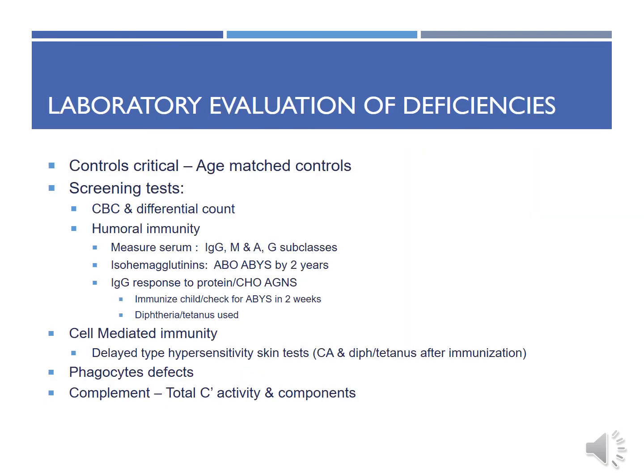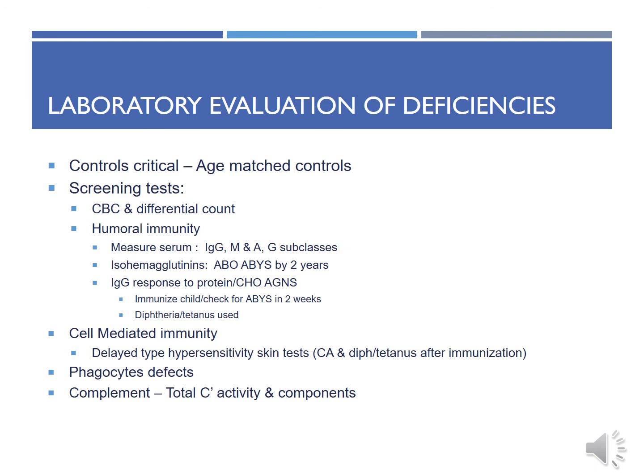So what can we do in the laboratory to help evaluate these deficiencies? Obviously, no matter what we are doing, we want to run controls, which are very critical in our line of work. We can do screening tests. The first test I would perform, no matter what we are looking at, would be a CBC and differential count.